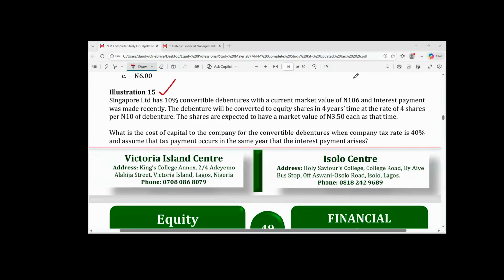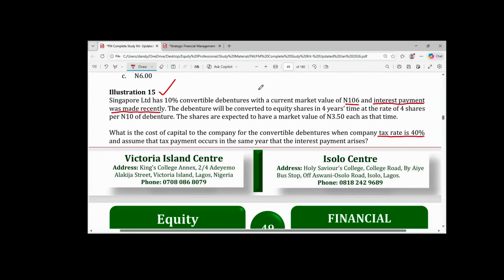The debenture will be converted to equity shares in 4 years' time at the rate of 4 shares per 10 naira of debenture. The shares are expected to have a market value of 3 naira 50 kobo each as at that time. What is the cost of capital to the company for the convertible debenture when company tax rate is 40%, and assuming that the tax payment occurs in the same year that the interest payment arises? Thank you, Chidera. That is the question.